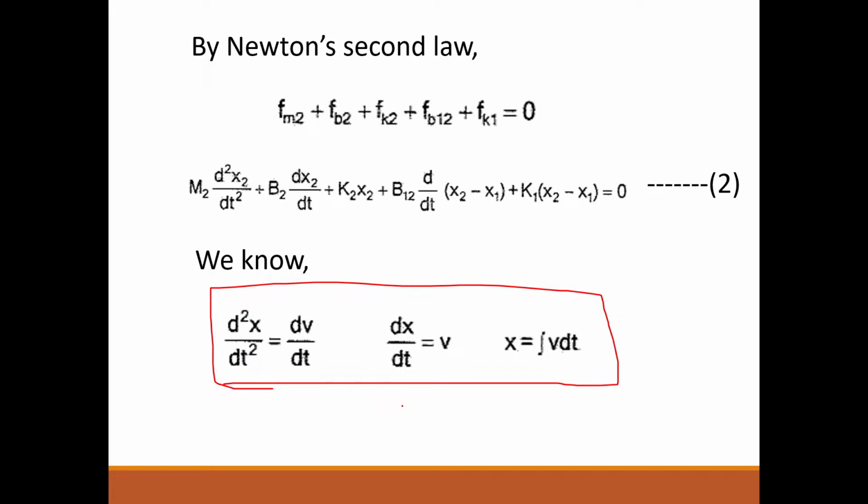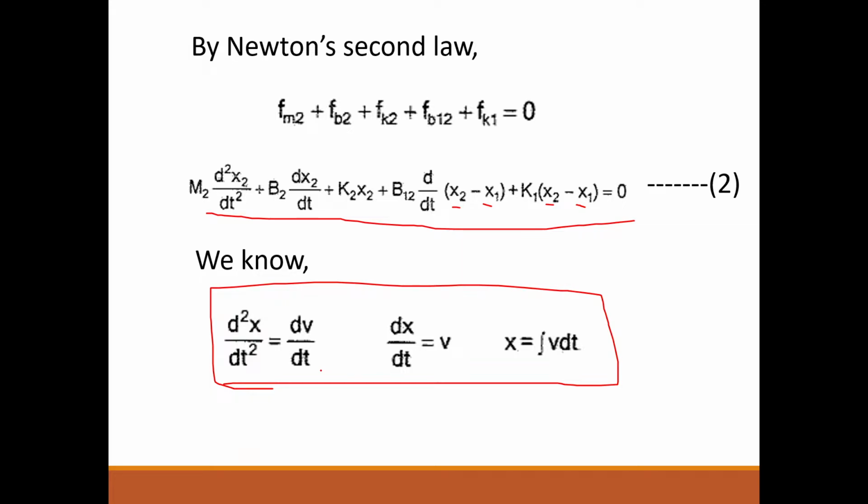So we have now two equations, equation 1 and equation 2. If you see here in this slide, equation 2 is there. You are representing this equation in terms of displacement. Equation 1 also you wrote in terms of displacement. Now we want to replace this displacement with velocity.